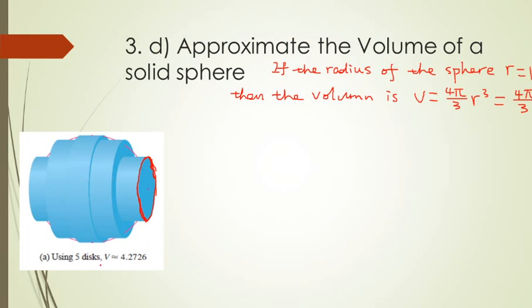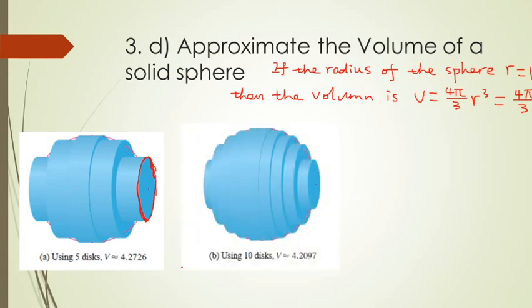So here we use 5 cylinders to estimate the volume of the solid. We know it's less accurate. Now we increase the number of discs. Now we have 10, and you will notice that each cylinder gets thinner.